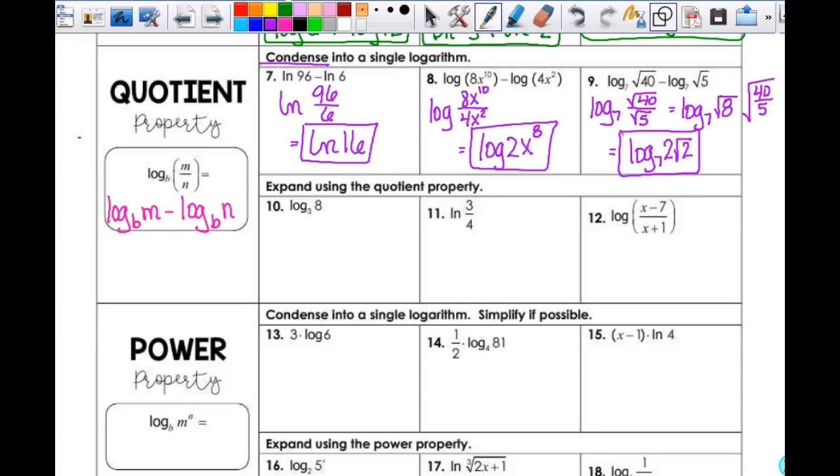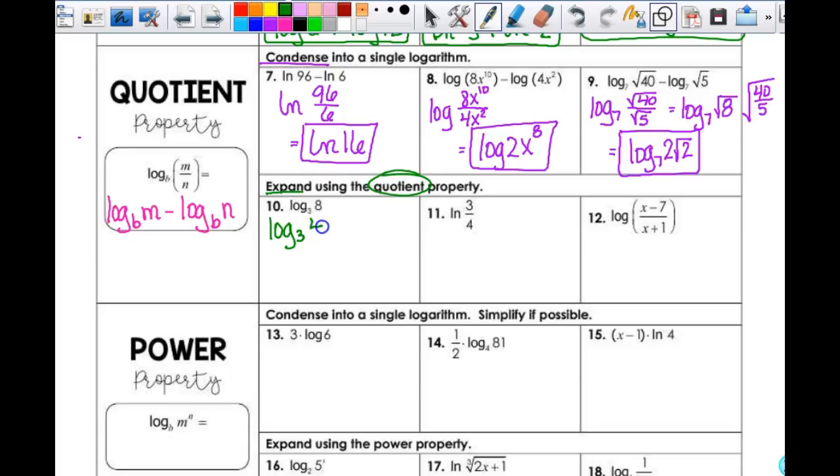Now it says expand using the quotient property. So I need two numbers that are going to divide to give me 8. And again, I have options here. I can get 8 a few different ways. I could do 48 divided by 6.